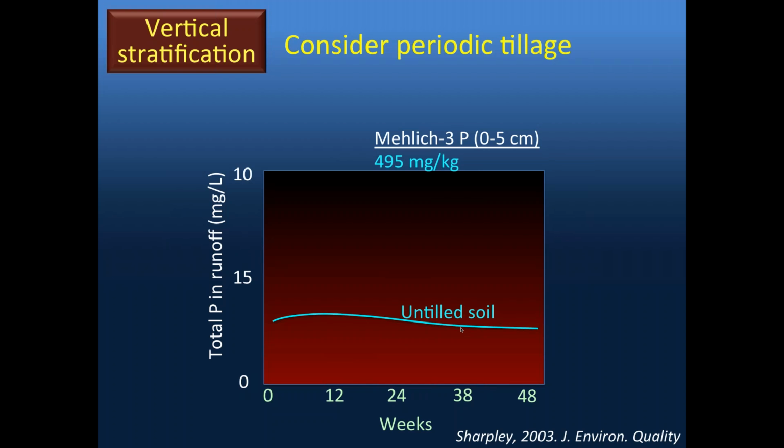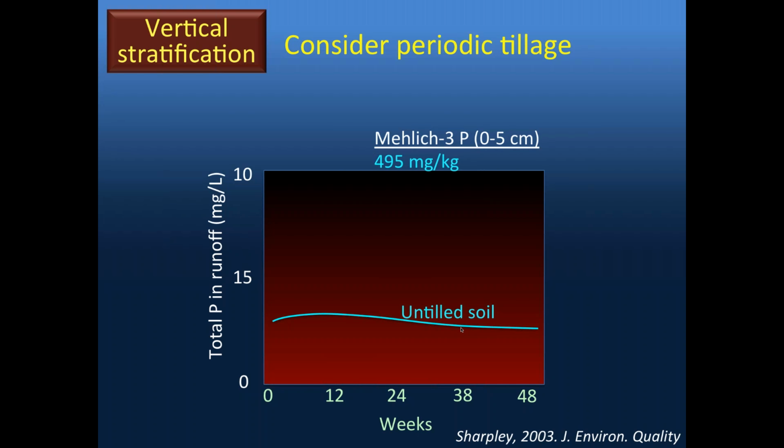One thing that I have advocated people try periodically, and it gets a lot of pushback from the conservation community, is if you're tracking vertical stratification and you know you have a lot of phosphorus in your soil and a lot of phosphorus at the soil surface, that you consider bringing up some of that binding potential from the subsoil by a periodic or one-time tillage event, where you're trying to bring up soil from below and mix thoroughly.